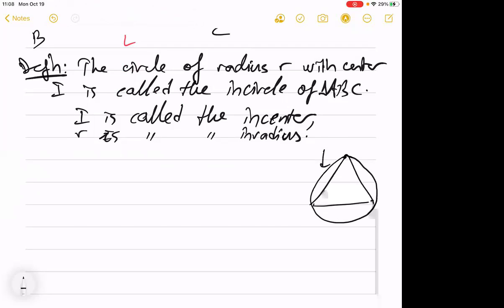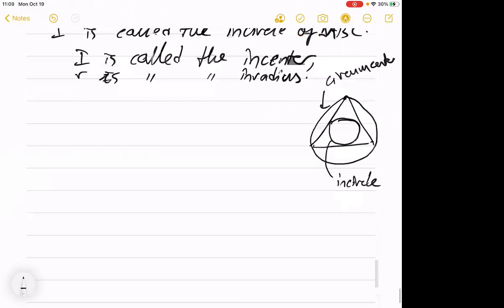Circumcircle. And the circle inside, tangent to both sides, this is the incircle. There are also excircles, which we will describe in a moment.